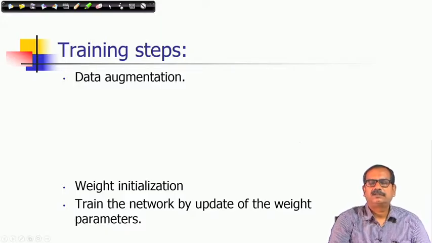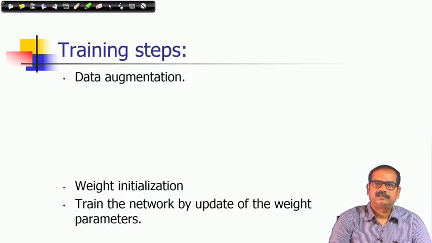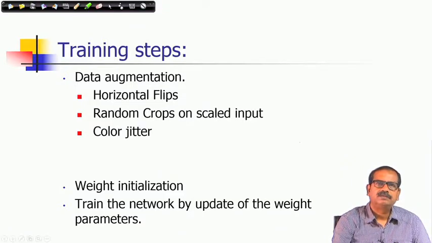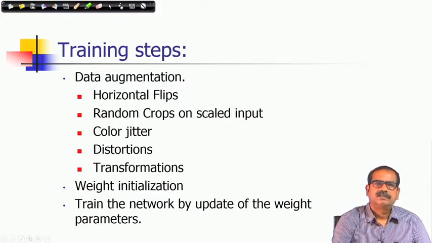Then you may need to generalize your data set, because the labeled data set that you have may not capture all the variances in the class. That is called data augmentation, because by doing some simulation you can generate some more data. You can perform different kinds of geometric operations on images, say horizontal flips, random crops on scaled input, color jitters, you can add noise, add variances, different kinds of color variations, distortions, then transformations.